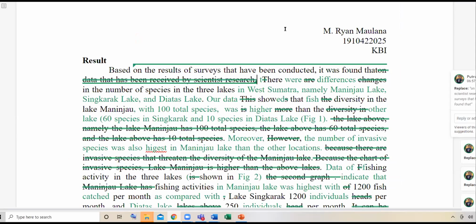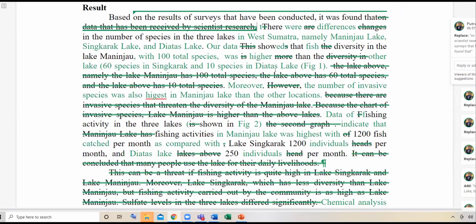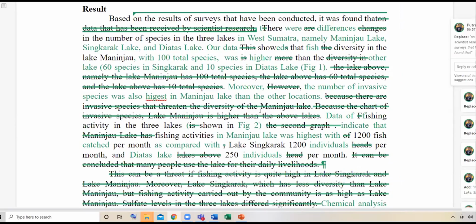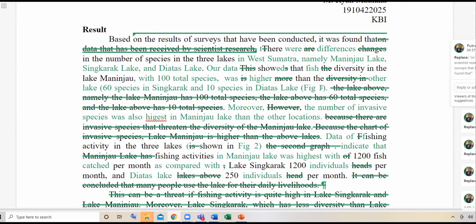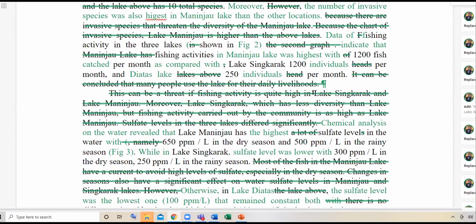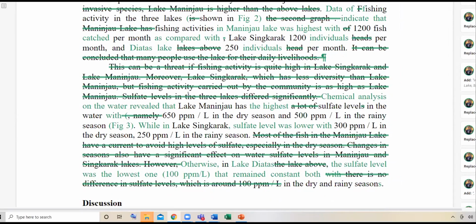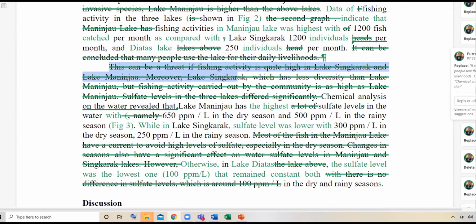And in the case of Ryan Maulana, you can also see that Ryan also described the data here. So give the data descriptions, and then also, okay, Ryan also mixed about this one. This can be true if the fishing activity is quite high in Lake Sinkara and Lake Meninjo. This is kind of the discussions.